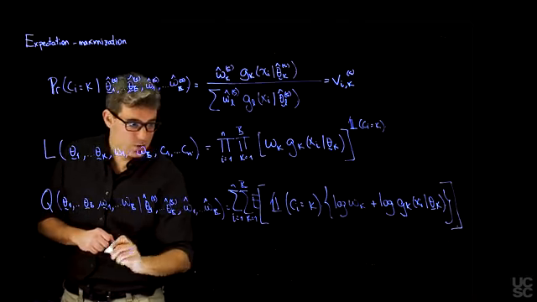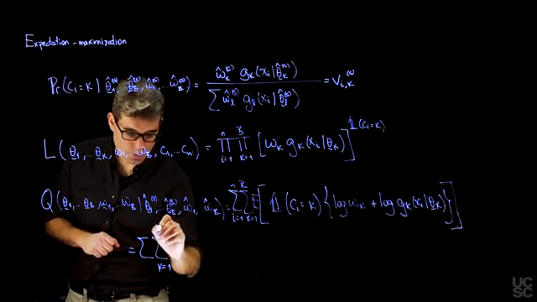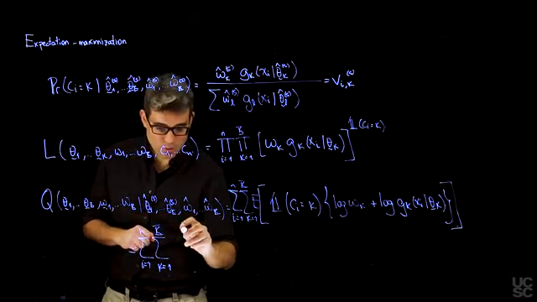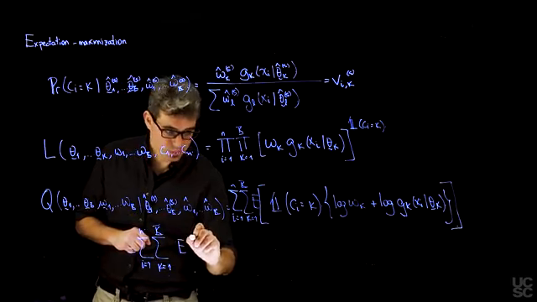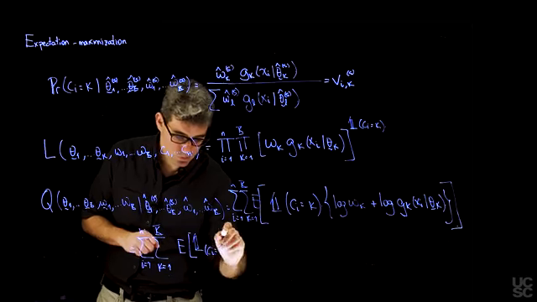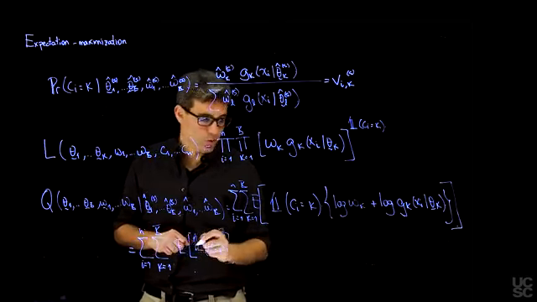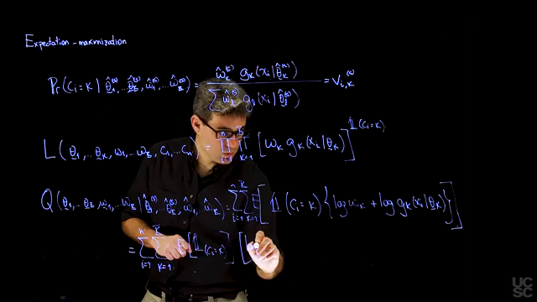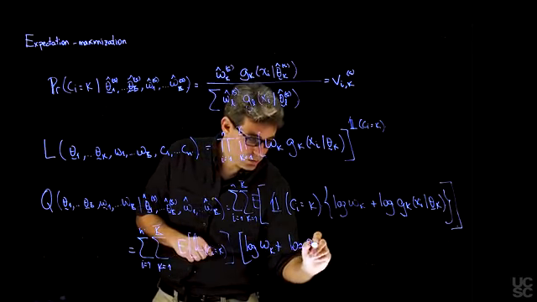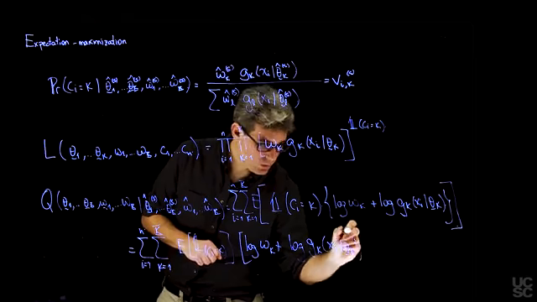So this just becomes, again, the double sum from k equals 1 to capital K and from i equals 1 to capital N of the expected value of these indicators multiplied by the same expression, the logarithm of omega sub k plus the log of g sub k of x sub i given theta k.